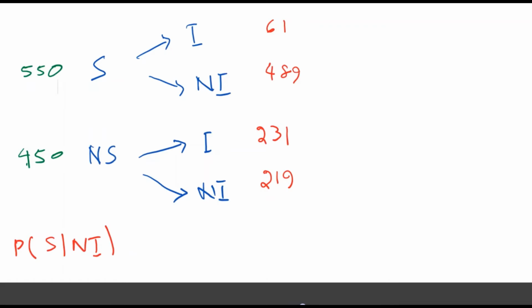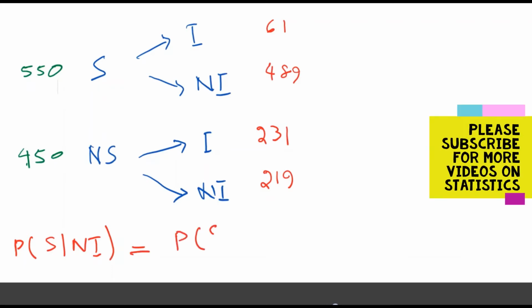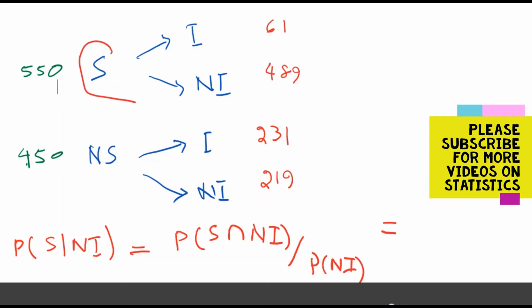So we say the probability of athletes who stretched given that they were not injured. And we know that this is a conditional probability, and for that we have to compute the probability of the intersection of stretching and no injury and divide it by the probability of no injury. The intersection comes from the second branch of the tree, because there were no injuries after stretching, and they were 489.